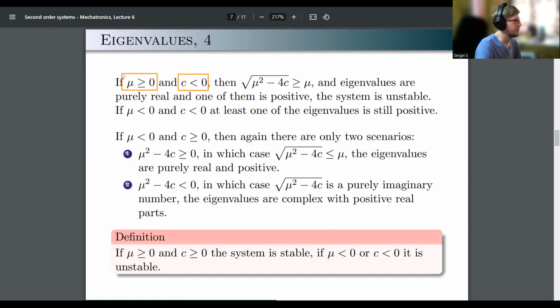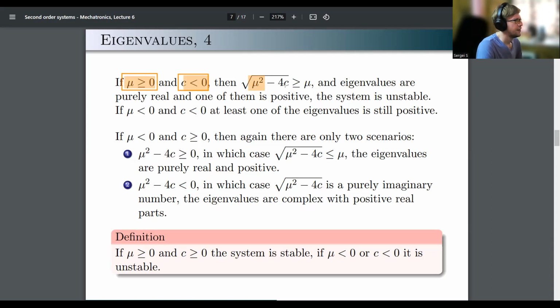All right. So again, mu is positive, C is negative. Since mu is positive, this term here is mu squared. Even if mu was negative, it wouldn't make any difference. This is always mu squared, a positive number.